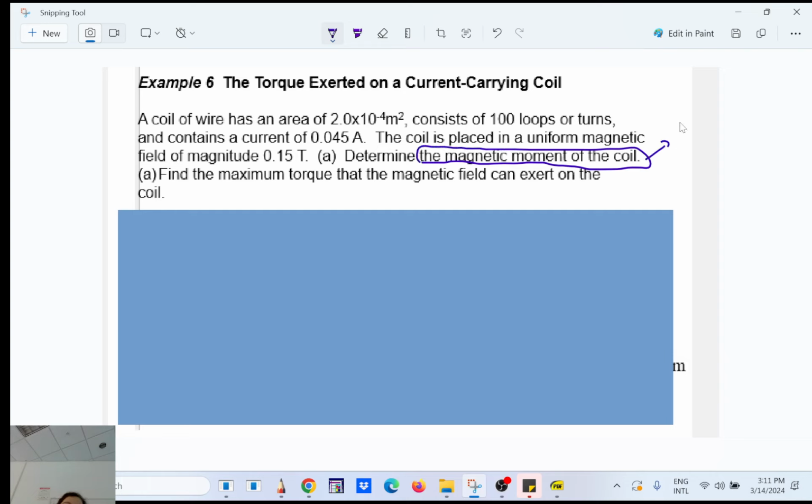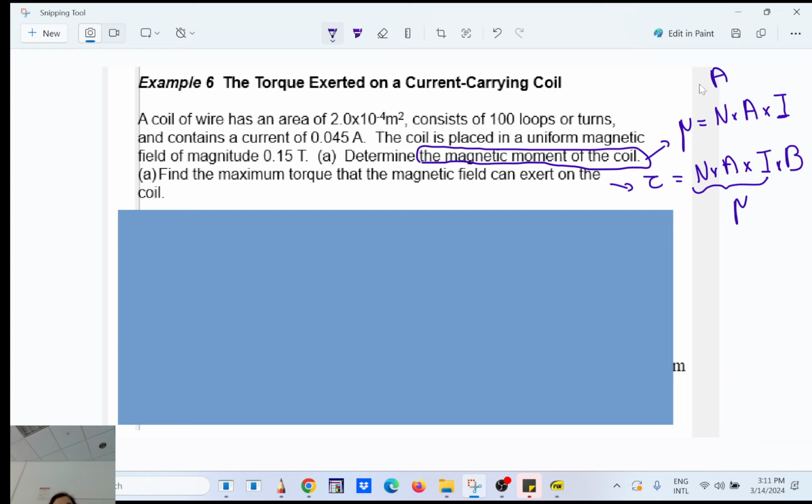It's a physical quantity, mu, and it's going to be equal to the number of loops times the area times the current. And the torque equals the number of loops times the area times the current times B, if the angle is 90 degrees, and this is called mu. So mu is called the magnetic moment of the coil.